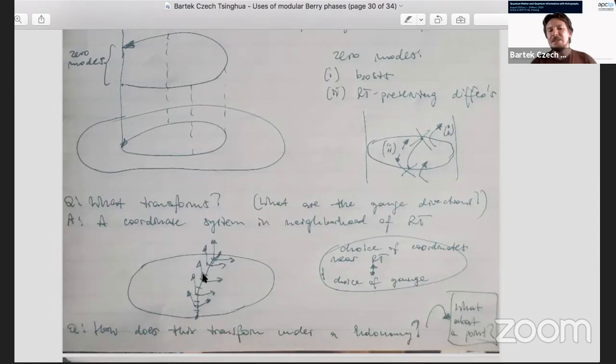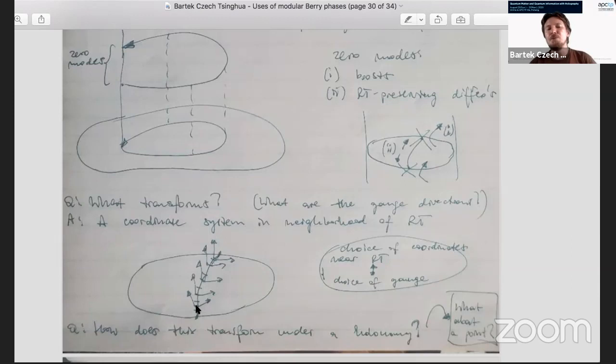So if I have a set of ticks and I use this freedom, obviously the ticks will get reshuffled and one tick will go to another tick. So that's definitely part of how I specify a coordinate system in the neighborhood of the RT surface. And another thing is a set of orthogonal, like an orthogonal frame.